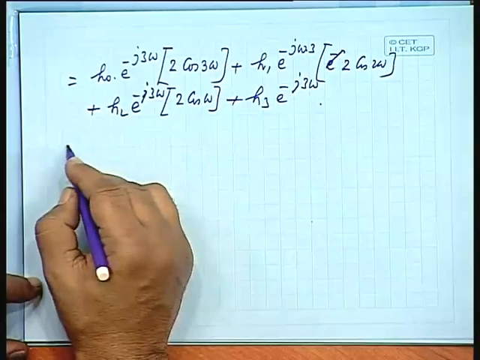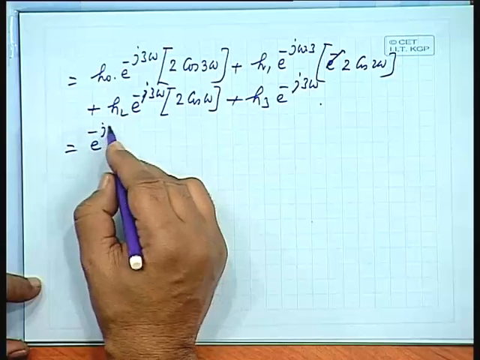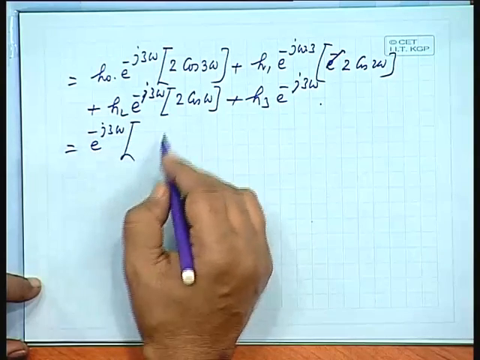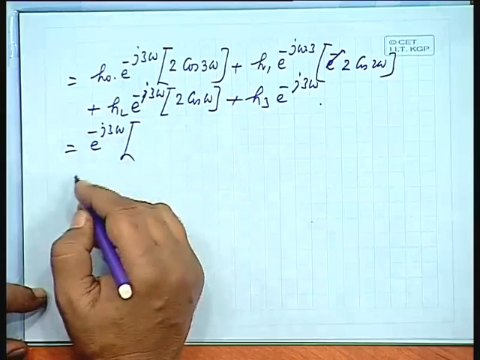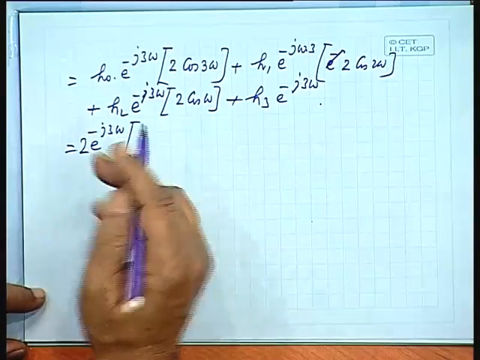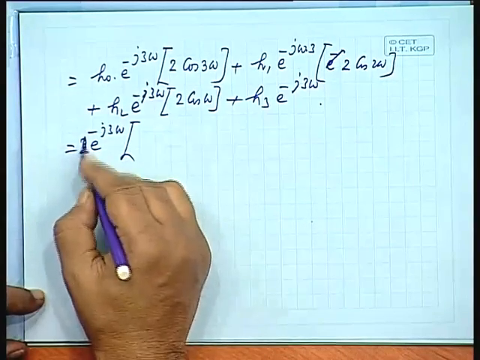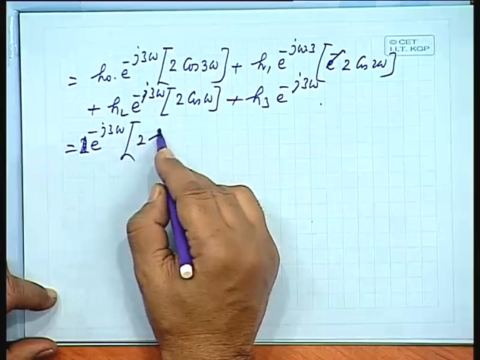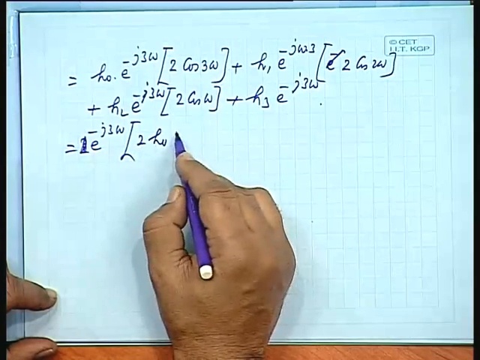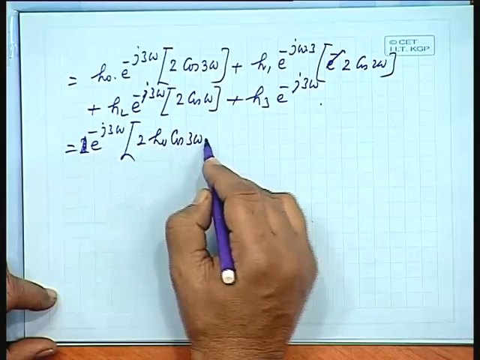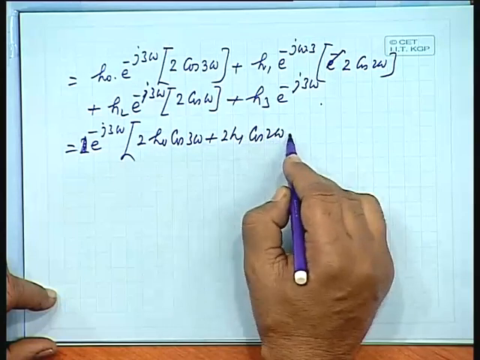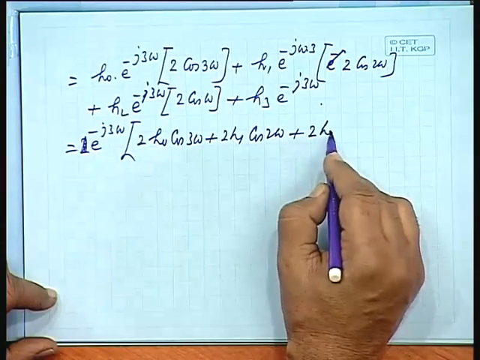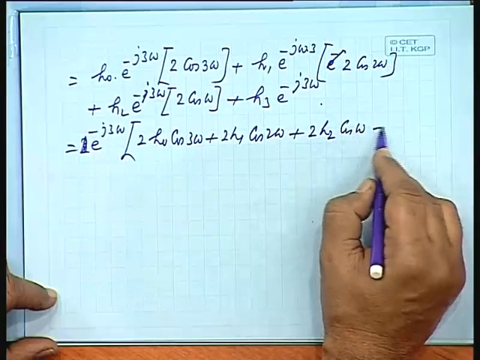If I take e to the power minus j 3 omega common, I find inside it will be twice h naught cosine 3 omega plus twice h1 cosine 2 omega plus twice h2 cosine omega plus h3.